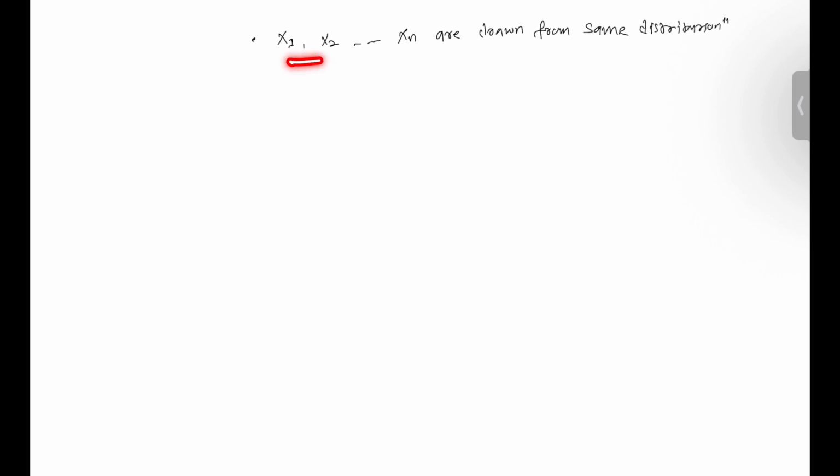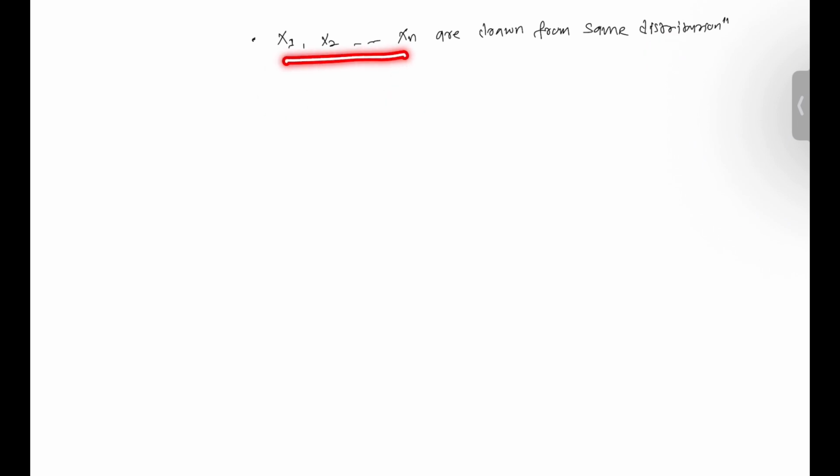So what do you understand by this statement? As per this statement, if we are taking these random variables from the same distribution, that means if we are taking it from the exponential distribution, then the random variables x1, x2, xn all will have the same distribution, and they will have the exponential distribution.